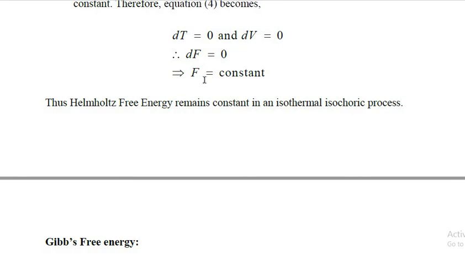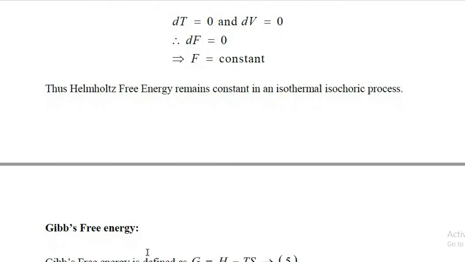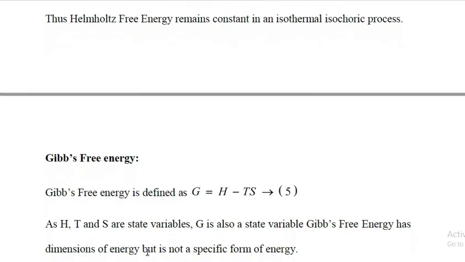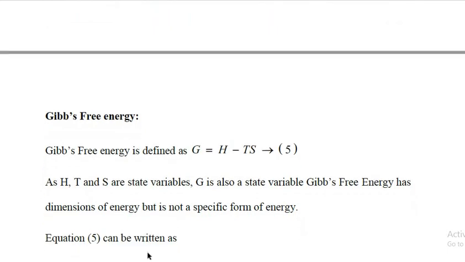This implies F is a constant. Thus Helmholtz free energy remains constant in an isothermal isochoric process. Next is Gibbs free energy. Gibbs free energy is defined as G is equal to H minus TS.